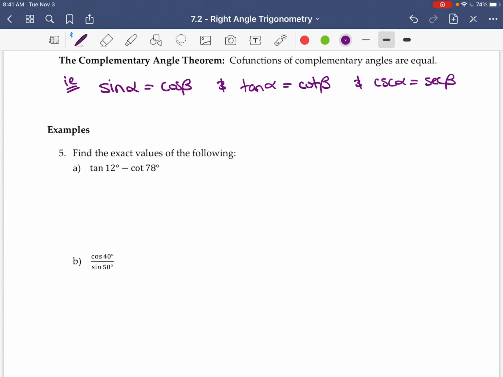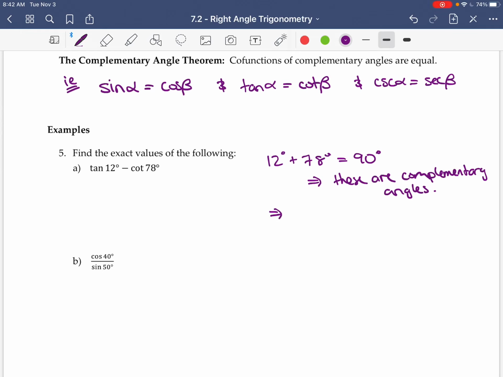Now I noticed here that 12 degrees plus 78 degrees is actually 90 degrees. So that means that these are complementary angles, which tells me by the theorem above that tan of one of them is equal to cotan of the other one.